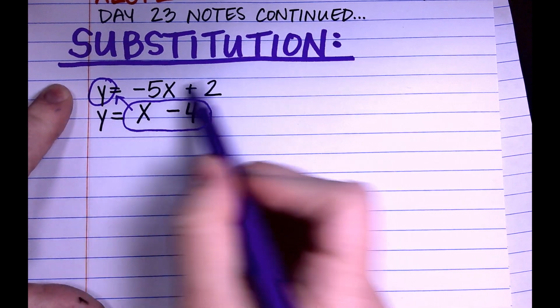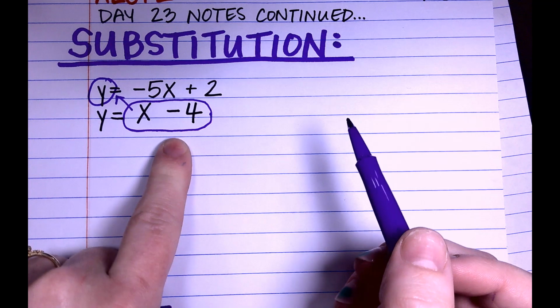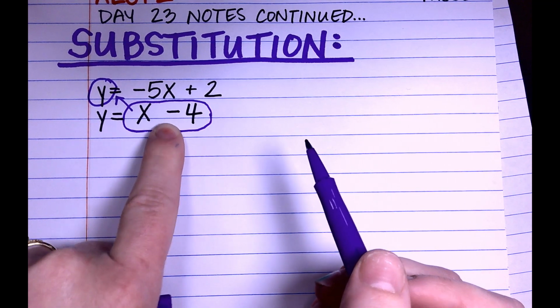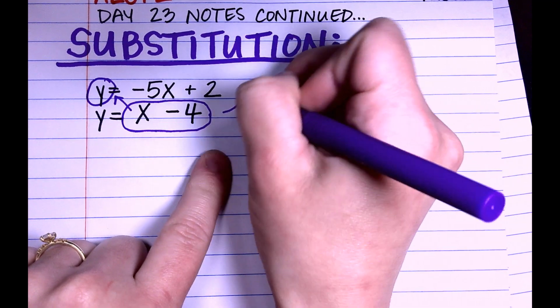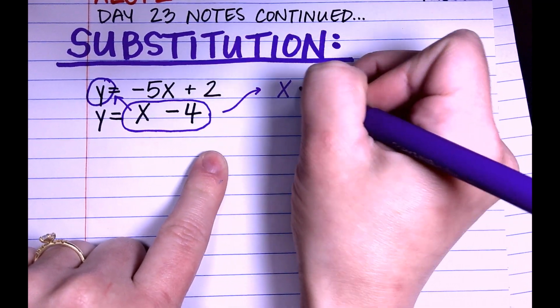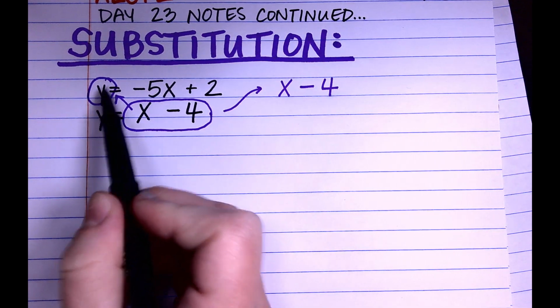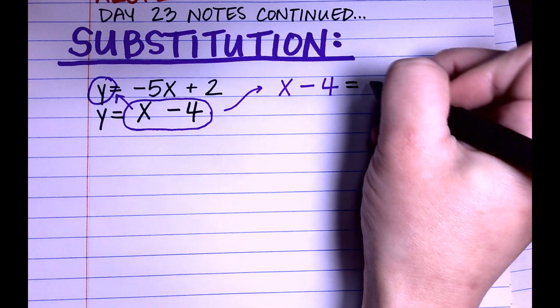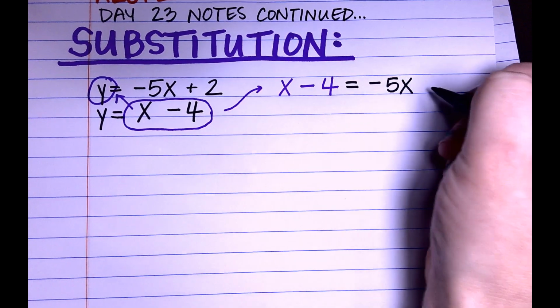Now I'm going to rewrite my first equation, but instead of writing y, I'm going to use the y value they gave me in the second equation, which is x minus 4. So now we'll write x minus 4 instead of y, and then I'll rewrite the rest, equals negative 5x plus 2.